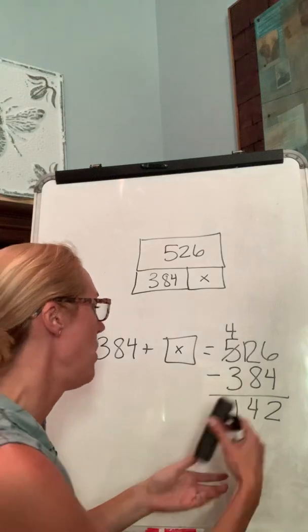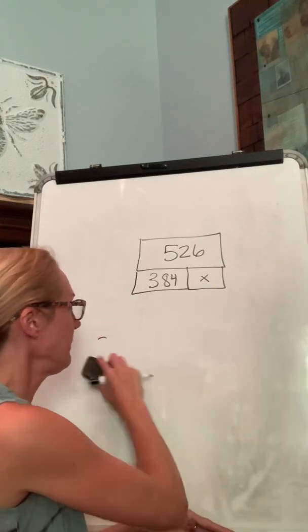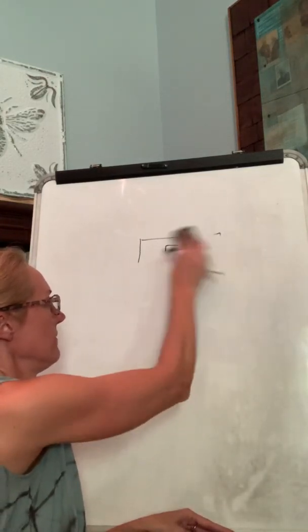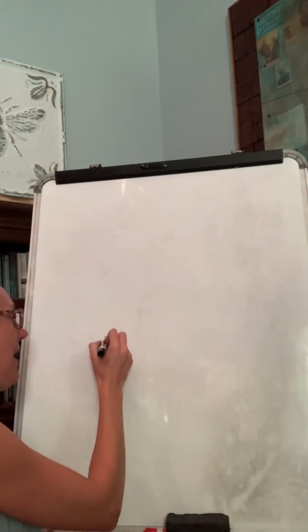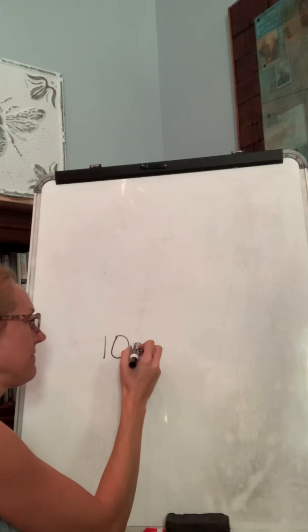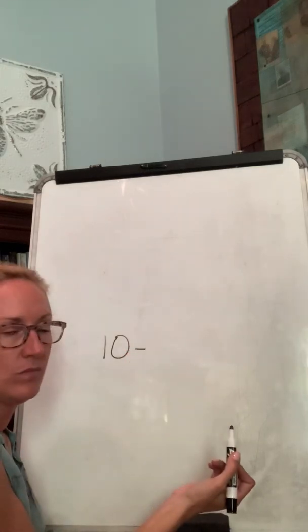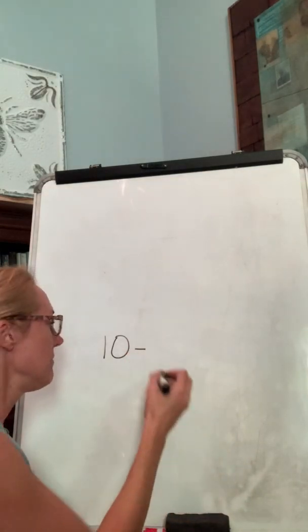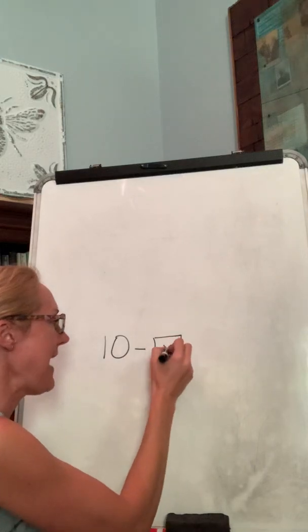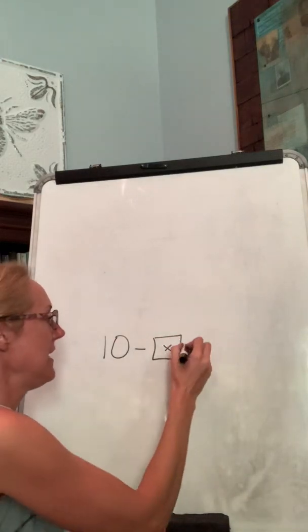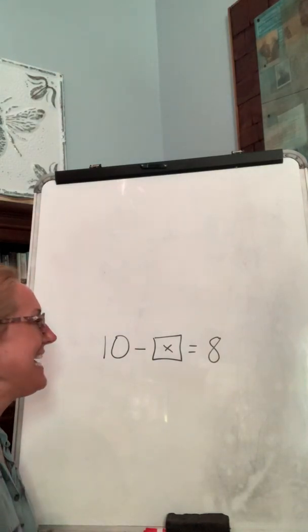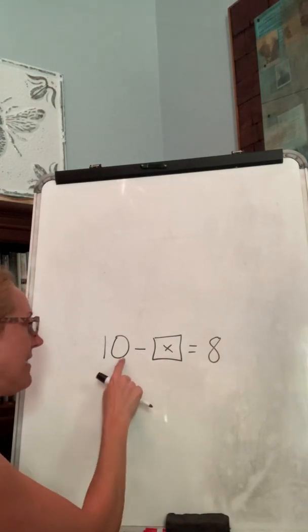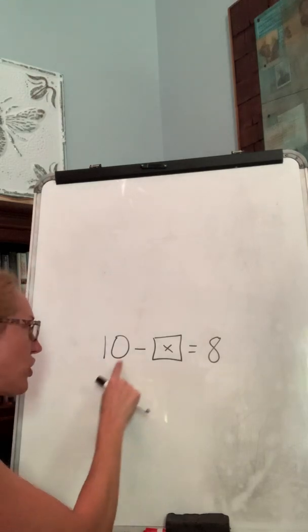What if I say I have 10 stickers and I gave some of them away, X amount away, and I have 8 left. In this case, because we're subtracting, whenever we subtract, we start with the biggest number.